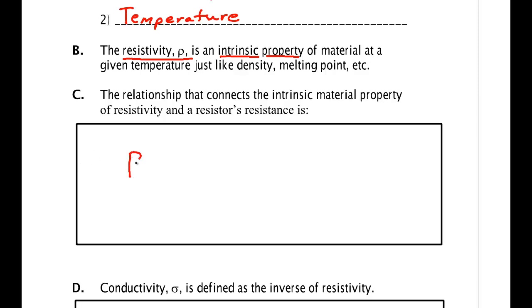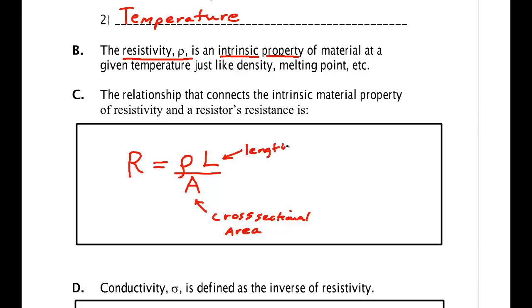The resistance of an object depends on its resistivity, its length, and divided by its area. So this is the cross-sectional area. This is the length, and this is the resistivity.